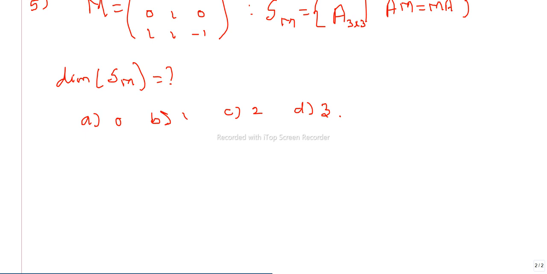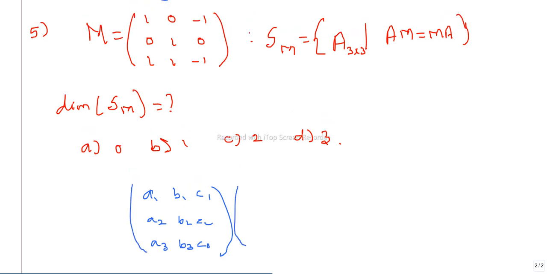You have to pick some arbitrary matrix A, say A1, B1, C1, A2, B2, C2, A3, B3, C3. Multiply it with this M: 1, 0, minus 1, 0, 1, 0, 1, 1, minus 1.